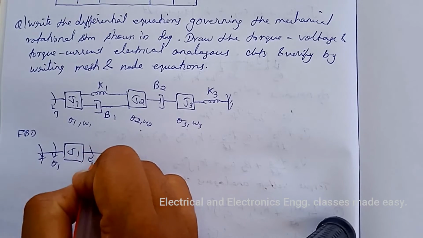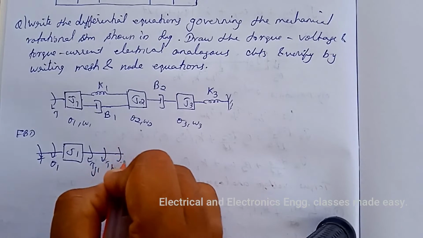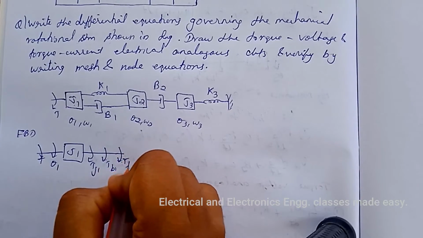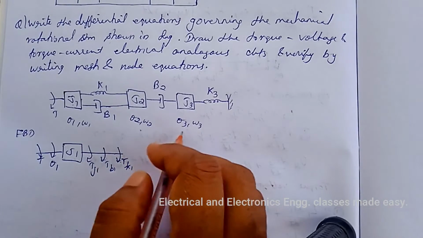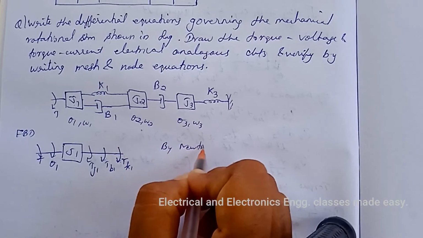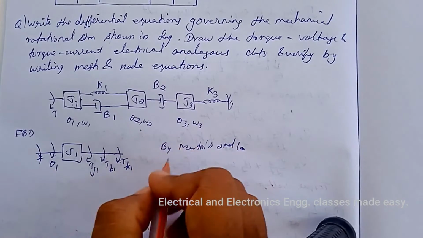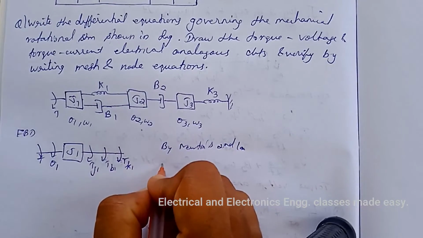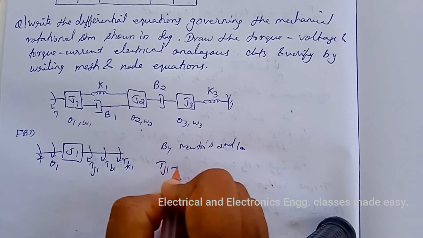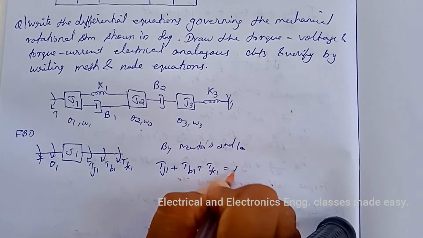So T J1, T B1, then T K1. Now by Newton's second law we can write T J1 plus T B1 plus T K1 equal to T.